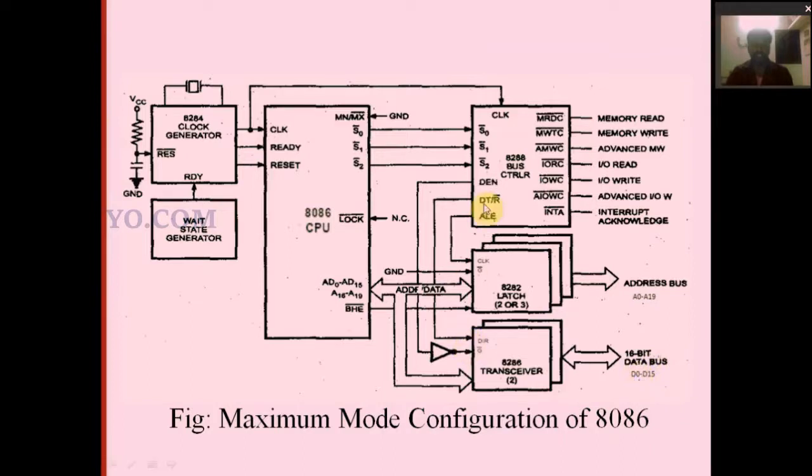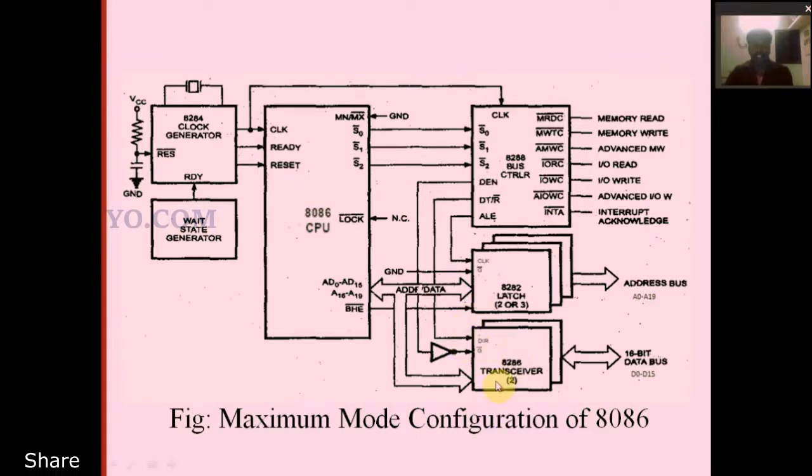The latches are controlled by the ALE signal coming from the bus controller. This is the only difference: in the previous minimum mode the ALE signal comes from the microprocessor, but in maximum mode it comes from the 8288 bus controller.